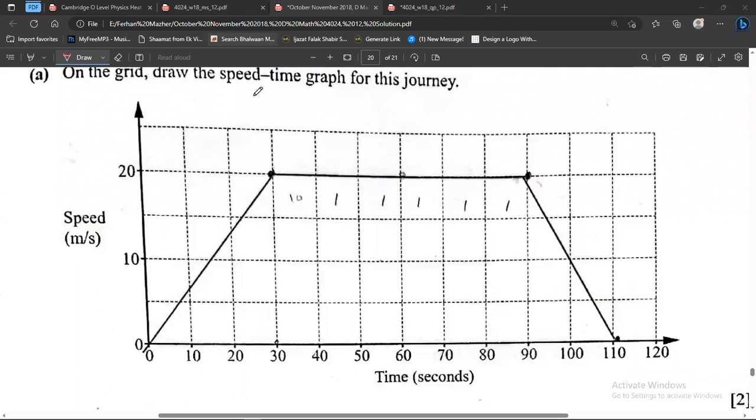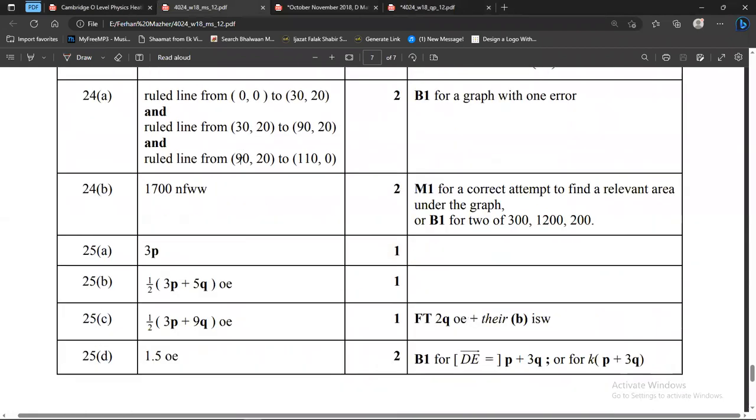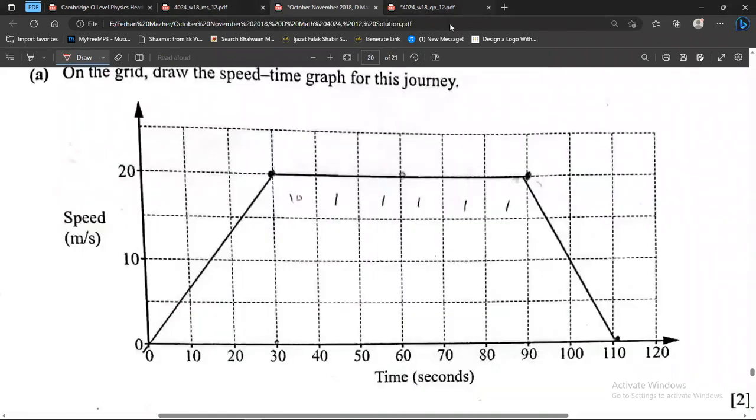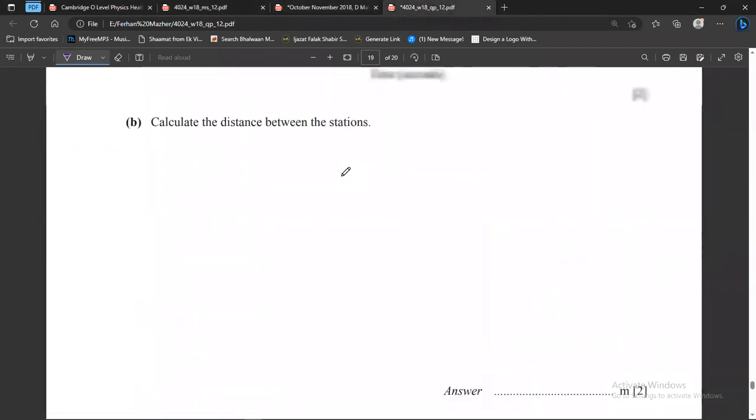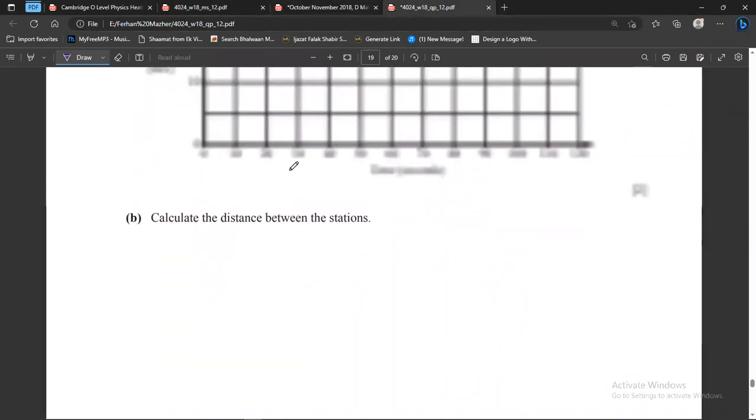You can see this speed time graph, and let's check this. Our answers are right. You can check the coordinates here. Then their question is calculate the distance between the stations. So we can calculate the distance between the stations.